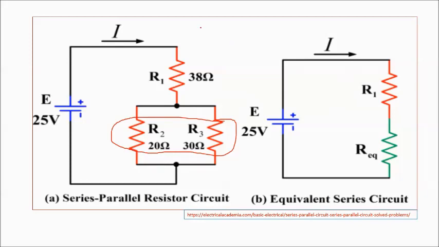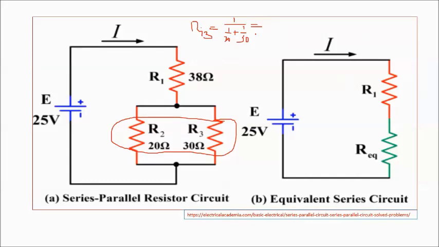So paano yung kunin yung resistors in parallel? R total or R23 is equal to 1 over 20 ohms plus 1 over 30 ohms. Paano yan? So use your calculator again to solve for R23.